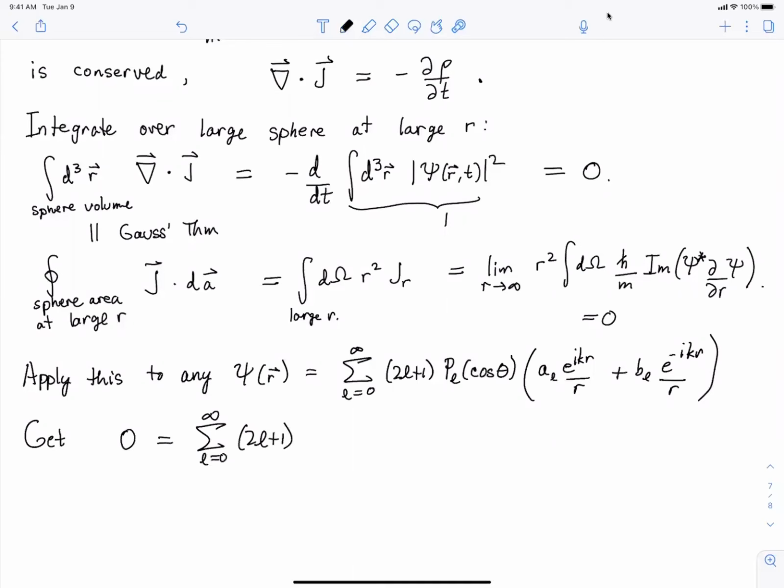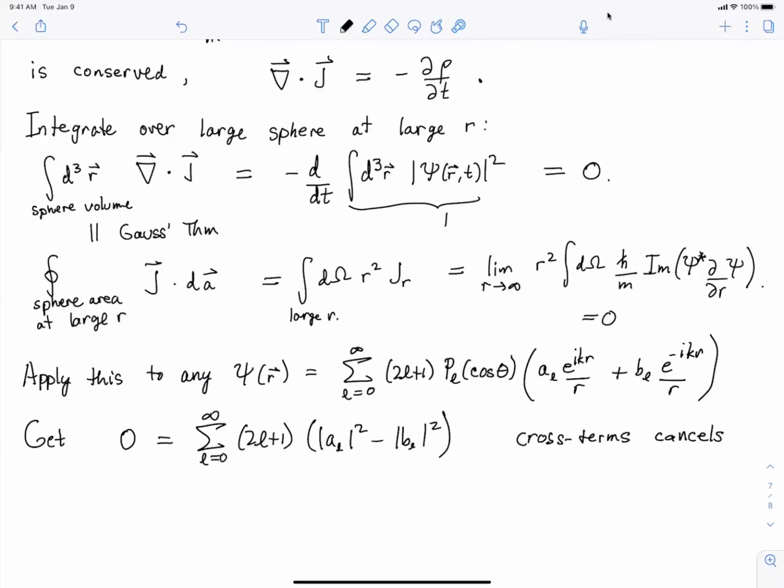By the way, when you integrate the Legendre polynomials, they also give you 1. And so what you're left with here is A_L squared minus B_L squared. The crucial thing here is the cross terms cancel. By cross terms, I mean things that involve both A sub L and B sub L.